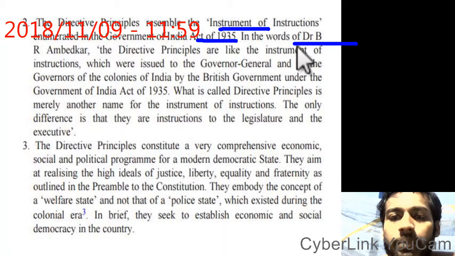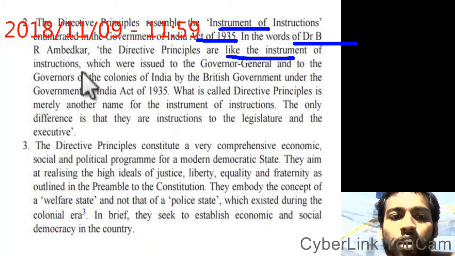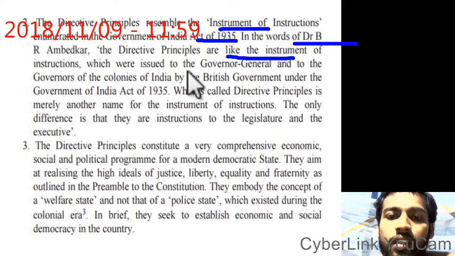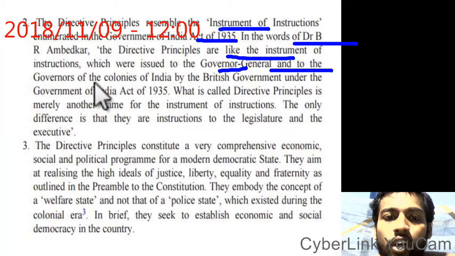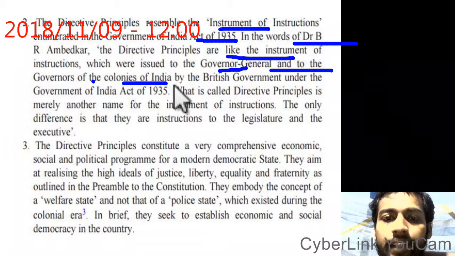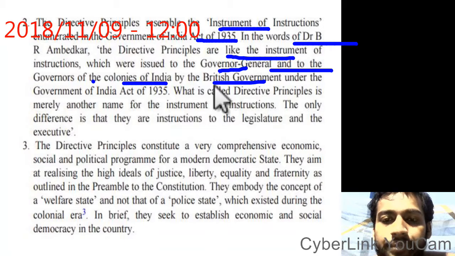In the words of Dr. B.R. Ambedkar, directive principles are like the instrument of instructions which were issued to the Governor General and to the governors of the colonies of India by the British government.